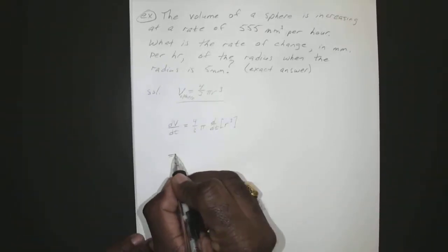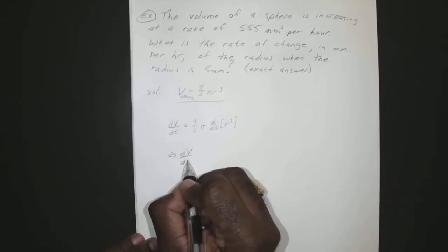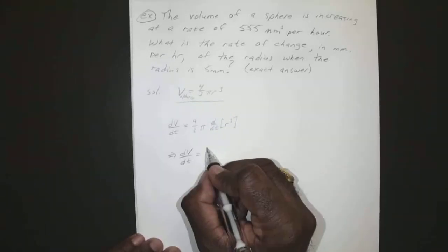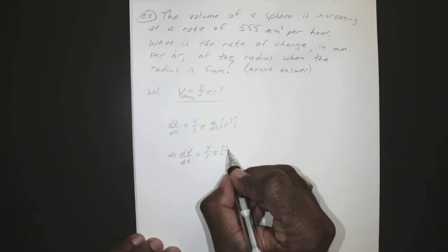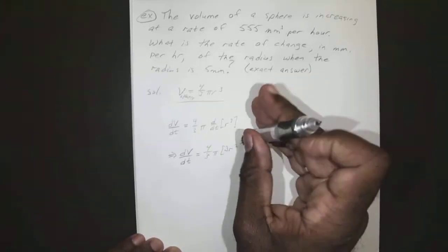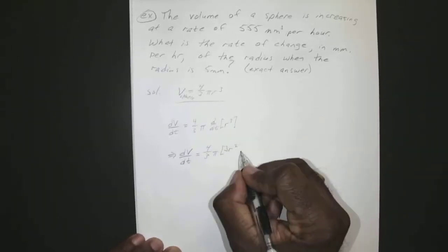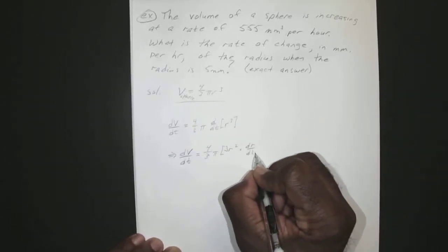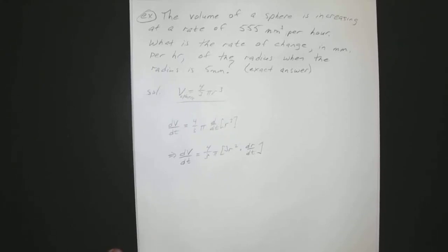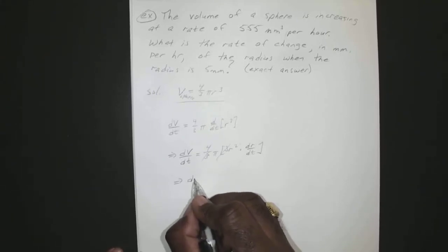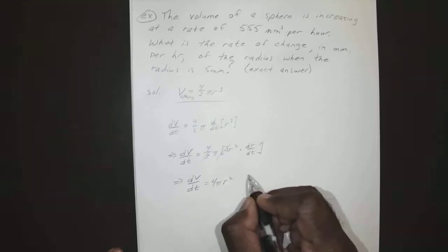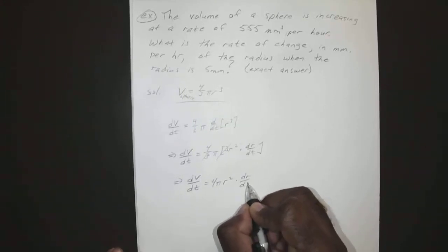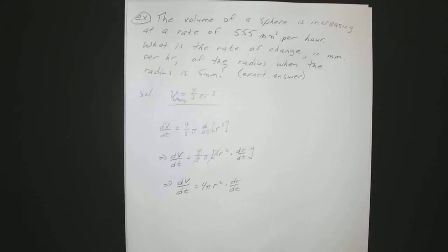Okay, so that gives us rate of change of the volume with respect to time is equal to 4 over 3 pi, bring down our 3, subtract 1, times dr dt. And just like before, our 3's canceled out. Rate of change of the volume with respect to time is equal to 4 pi radius squared times the dr dt.